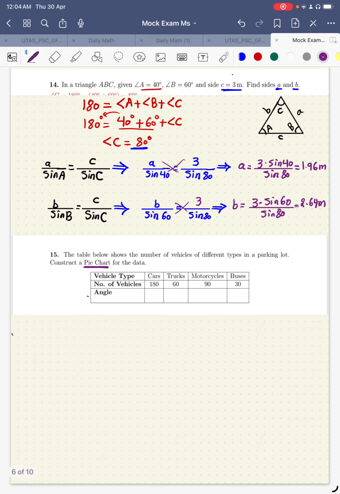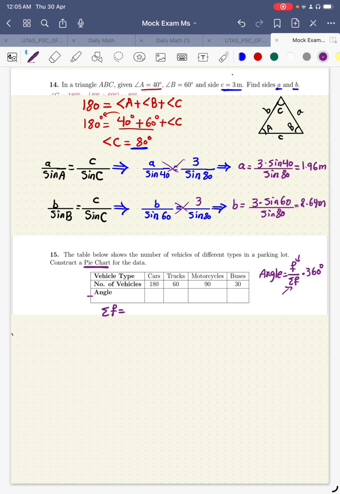But they want me to find the angles. So remember, I have a law for the angle. The angle equals f divided by the summation of f, times 360 degrees. What we mean by f is the frequency of a certain item. And the summation of f is the sum of all frequencies.